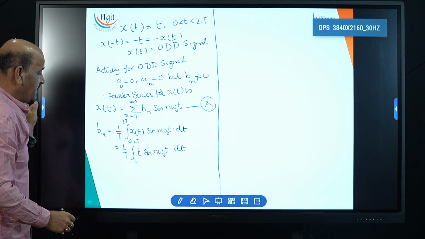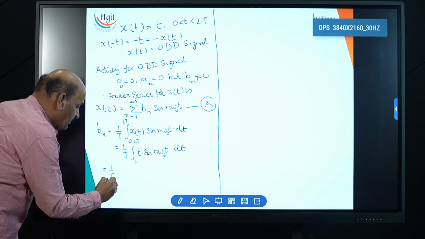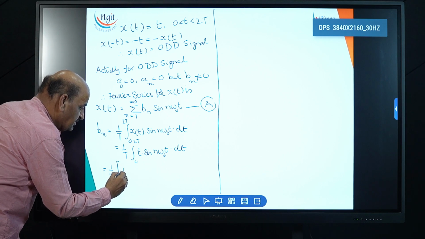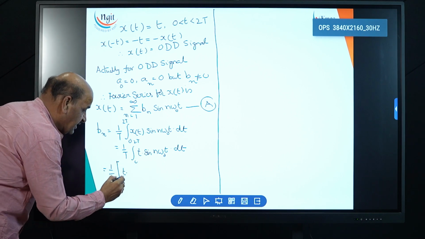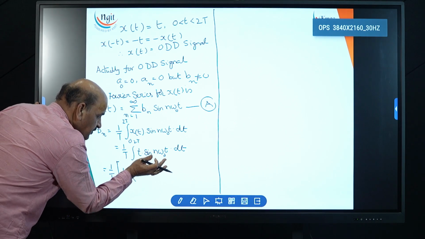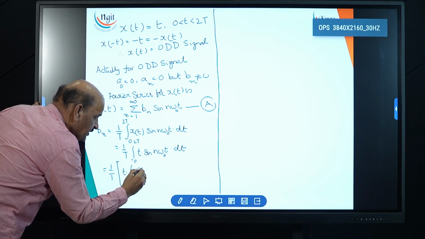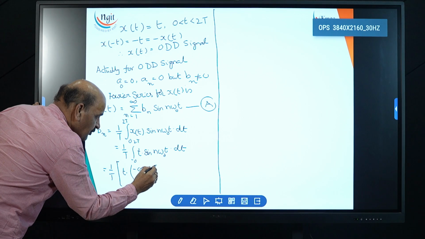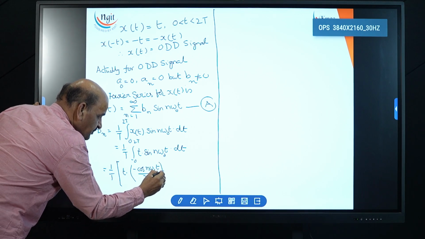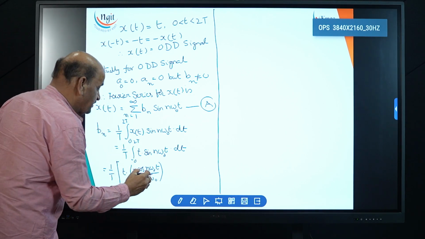Now just look at, this is in the form of the UV method. This is equal to 1 by T. Now, in the UV method, take t as constant and integrate the sine function. For sine, the value is minus cos n omega naught t by n omega naught. Don't substitute the values now, at the end you substitute.